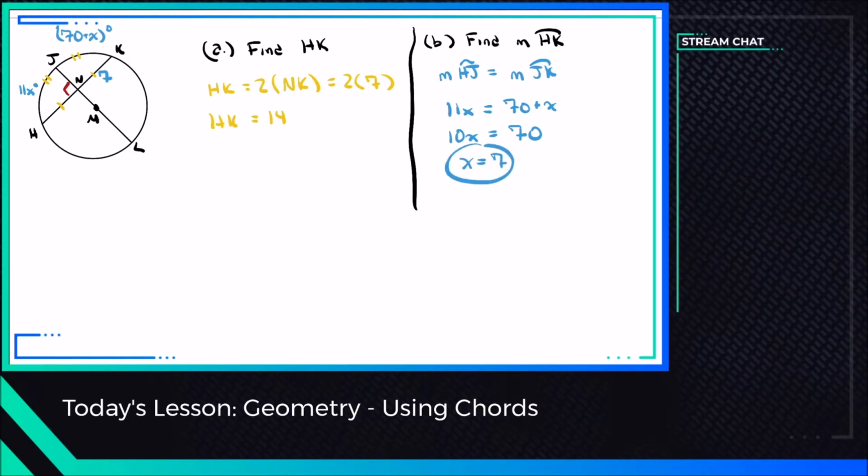Now we're going to go ahead and plug 7 back in to find the measure of arc HJ, which is equal to 11 times 7, or 77. And then we know that the measure of arc HK is going to equal 2 times the measure of arc HJ, which is 2 times 77, which is going to equal 154 degrees.